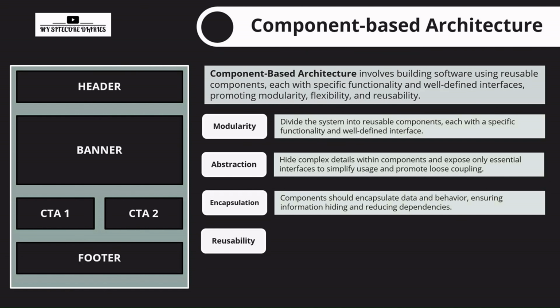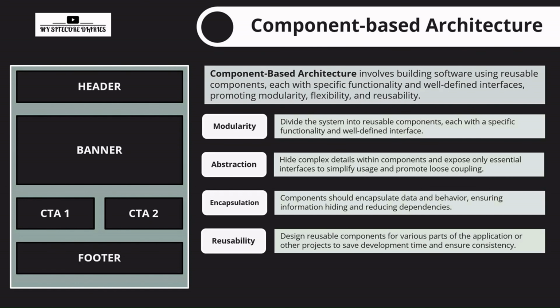Reusability. This is very important with respect to component-based architecture, because components like a banner or a CTA block can be used in multiple places. So they are reusable components. Reusability designs a reusable component for various parts of the application or other projects to save development time and ensure consistency. And last is separation of concerns.